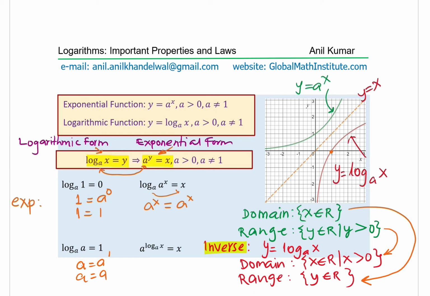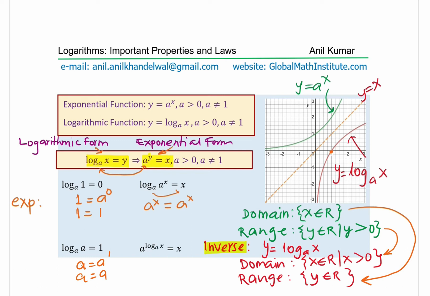Perfect. The last one here is a very important equation, and that also comes from the definition itself. So when we are looking into a to the power of log to the base a of x equals y, think about it like this. Once again, look at the equation. What is a to the power of something? Well, a to the power of y. Do you see this equation written here? Right? A to the power of y is x.